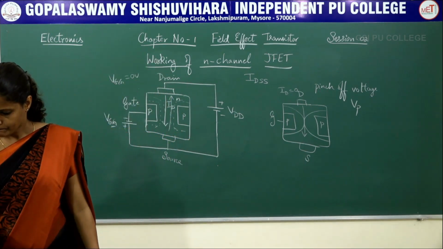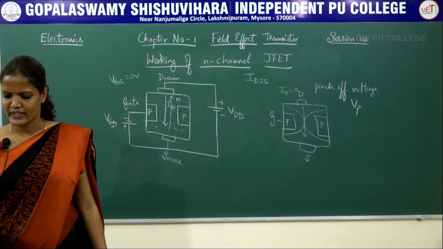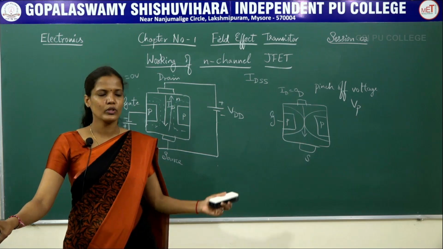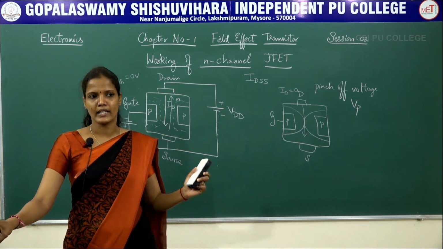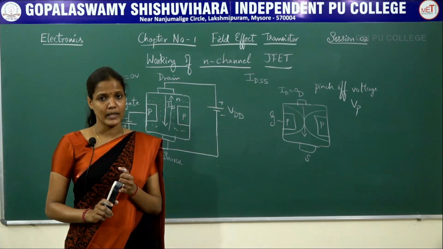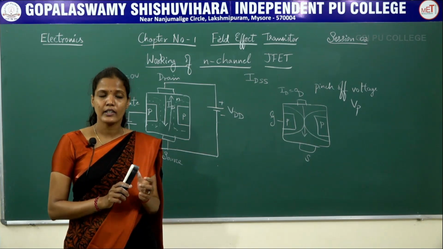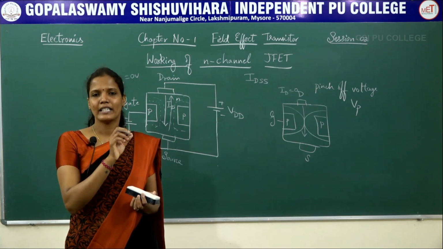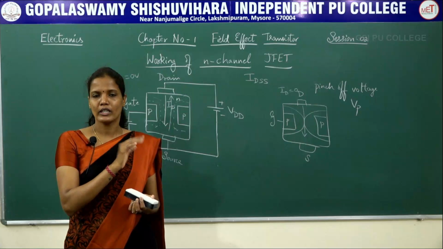Write any two differences between FET and BJT. In the very first session itself, I told you the difference between FET and BJT. FET is a unipolar device, whereas BJT is a bipolar device. Unipolar means only the majority charge carriers are responsible for the current conduction.